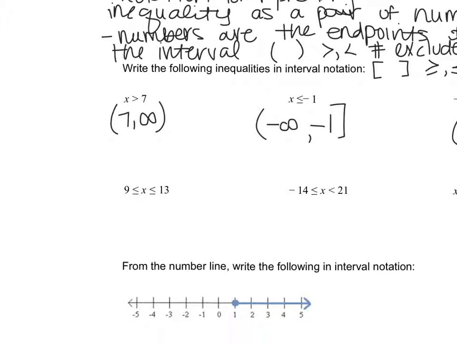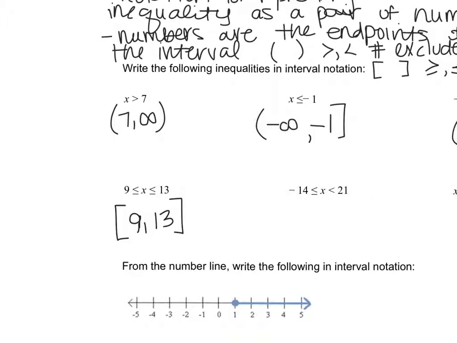Next we have the inequality 9 is less than or equal to x is less than or equal to 13, which means x is between the values 9 and 13. So we have 9, 13. And both of these inequalities have equal to's, which means the values are included, which means they have brackets. Now with compound inequalities, the inequality does not have to be the same.